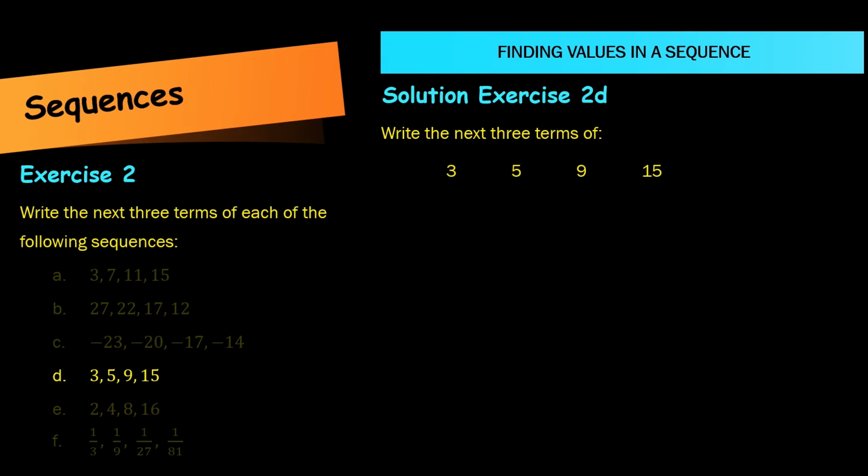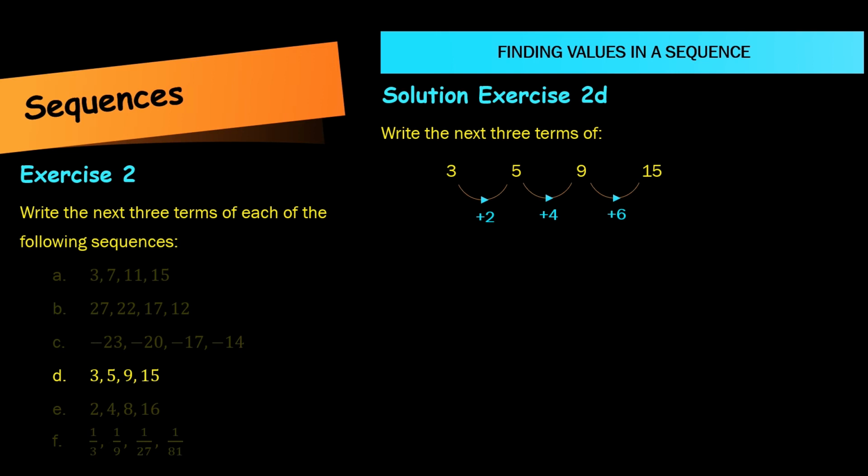Now if we look at this sequence, we can see that the difference between 3 and 5 is 2, and the difference between 5 and 9 is 4, and the difference between 15 and 9 is 6. So we've added 2, then added 4, then added 6, and hopefully you can now spot a pattern. We seem to be going up in 2s in terms of addition.